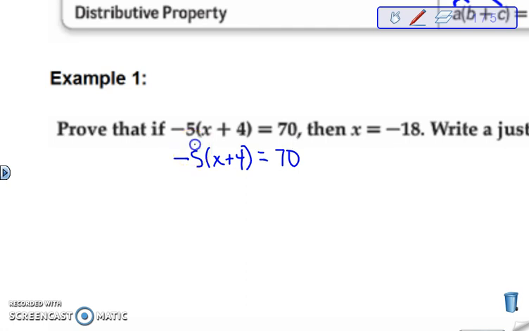So again, we're going to work it out. So distribute first. And we're going to add the 20.